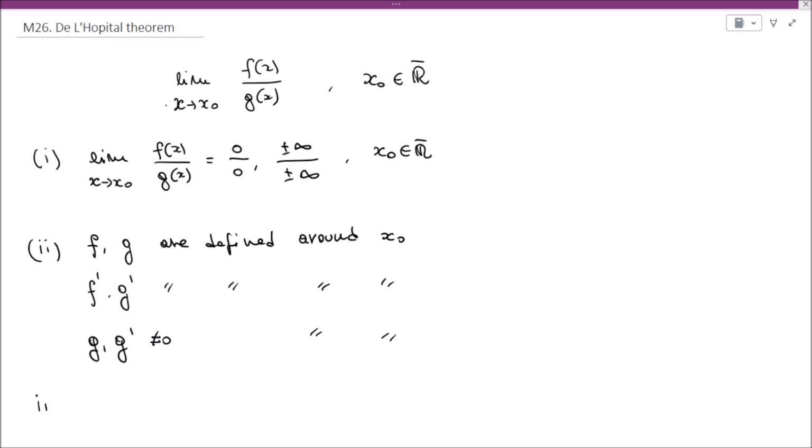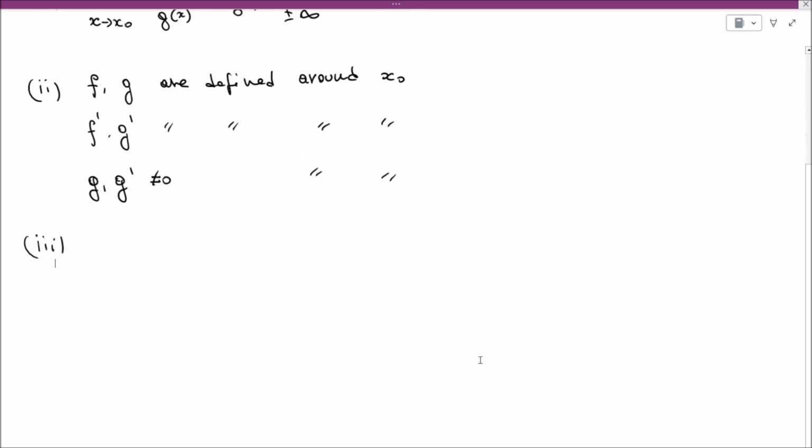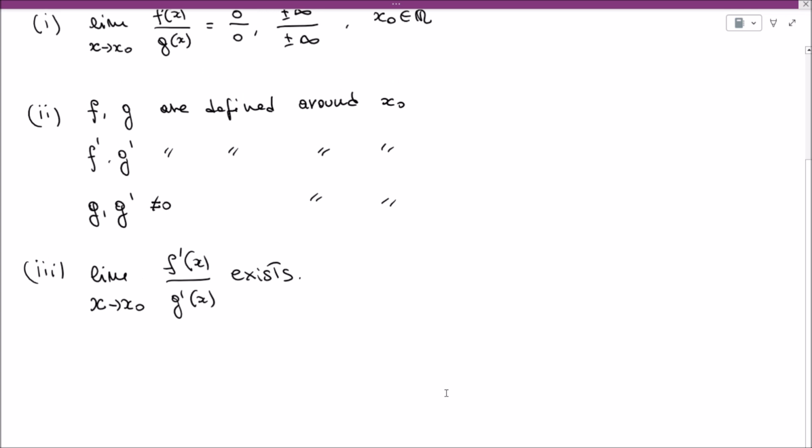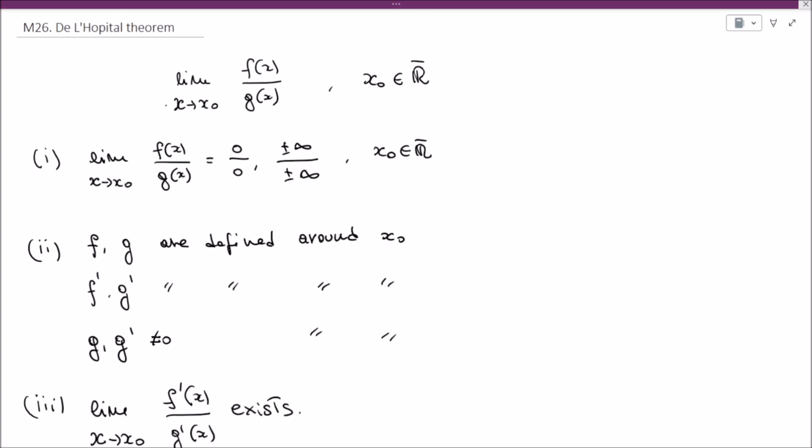Third condition is that the limit as x goes to x naught of f prime of x divided by g prime of x exists. So if we have all these three conditions, let's review it quickly.